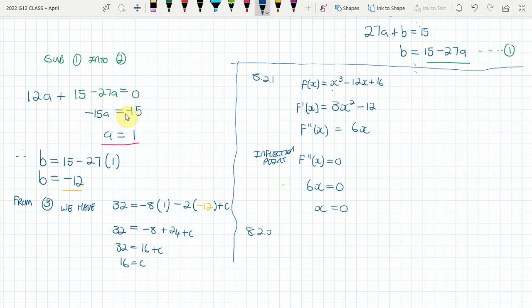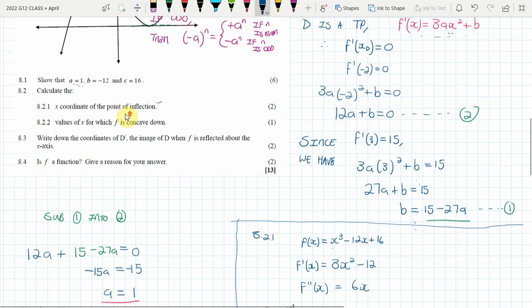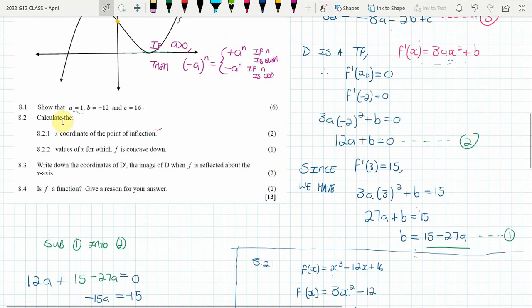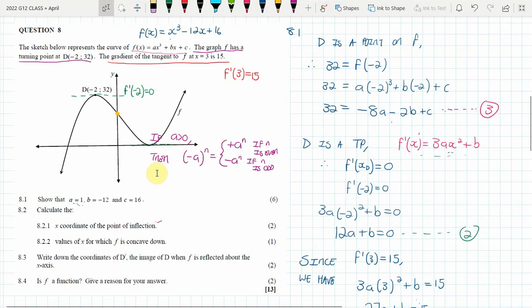Now 8.2.2 requires us to determine or to calculate the values of x for which f is concave down.